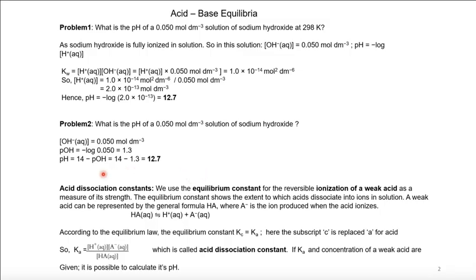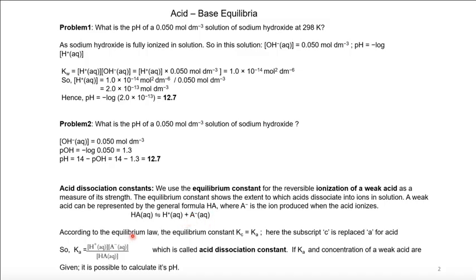Next is the acid dissociation constant. What is the acid dissociation constant? We use an equilibrium constant for the ionization of a weak acid. Remember, I am saying weak acid. Let's say the general formula of a weak acid is HA. HA in aqueous solution is in equilibrium with hydrogen ion and A minus, where A minus is the anion.